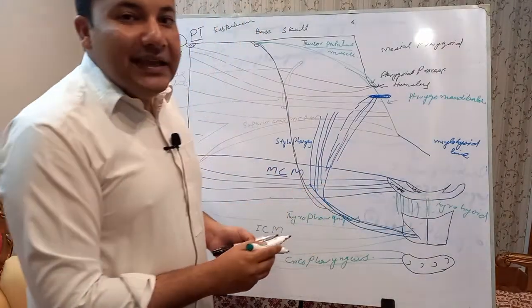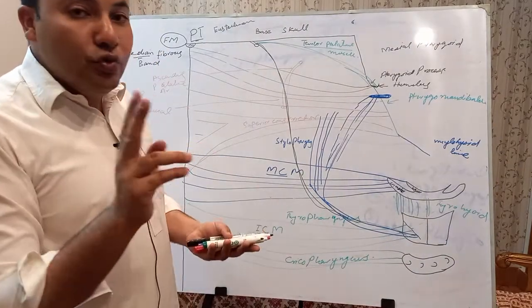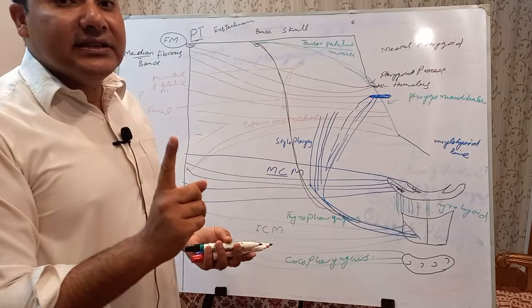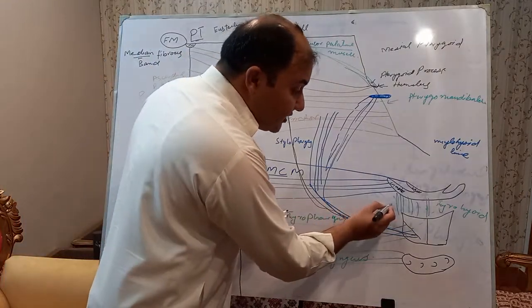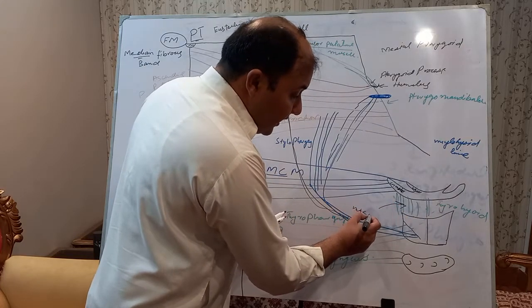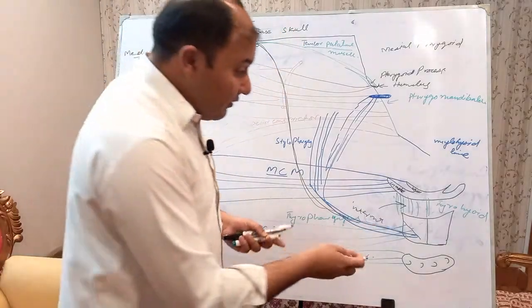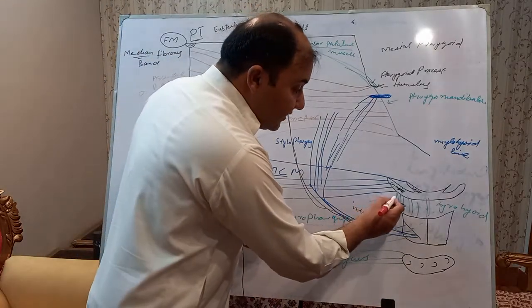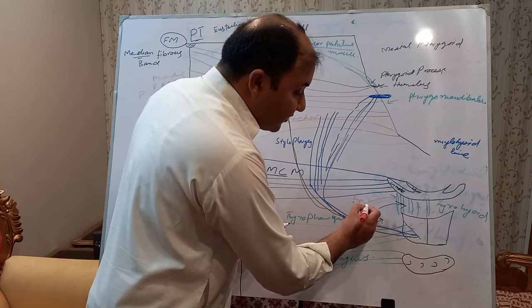This membrane is perforated by two important structures. One is the nerve, called the internal laryngeal nerve. The other important structure is the artery, called the superior laryngeal artery.